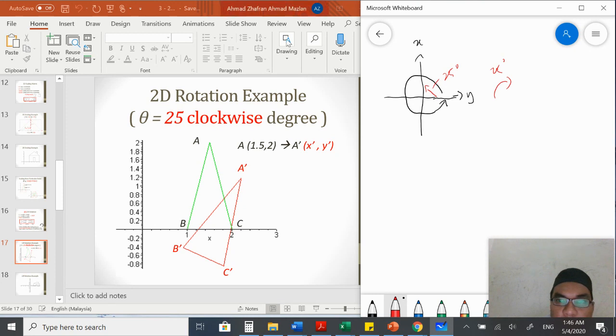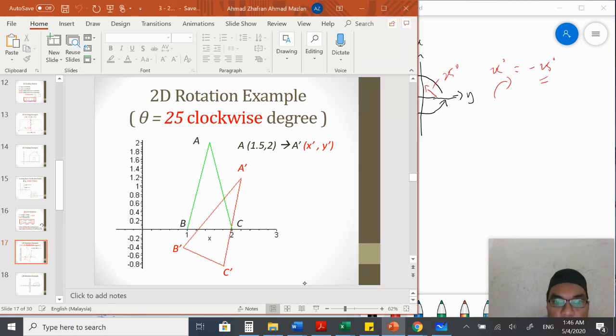So from this you have to use a minus value. Because rotation is basically anti-clockwise, when it is mentioned as clockwise, you must calculate your degree as minus 25.